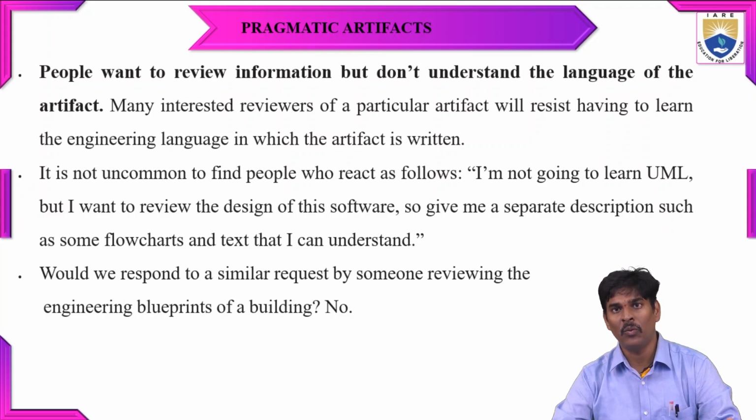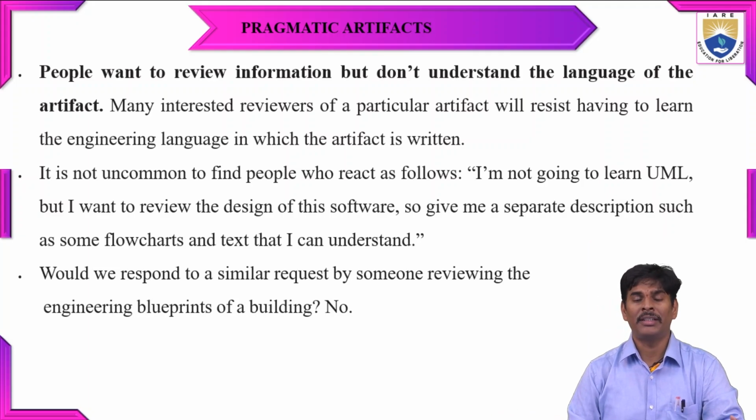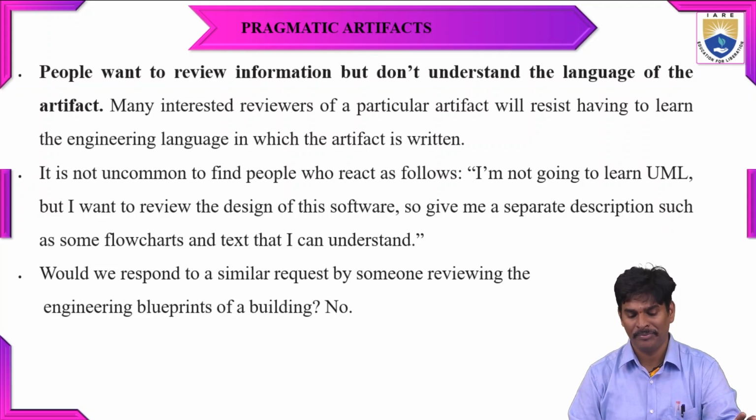So they can check whether there are any flowcharts, result sections and some text. Sometimes the text can be very helpful for the reviewers to understand and give review comments. So mainly the reviewers require adequate knowledge to understand the things written by the people or the customers. And would we respond to a similar request by someone reviewing engineering blueprints?